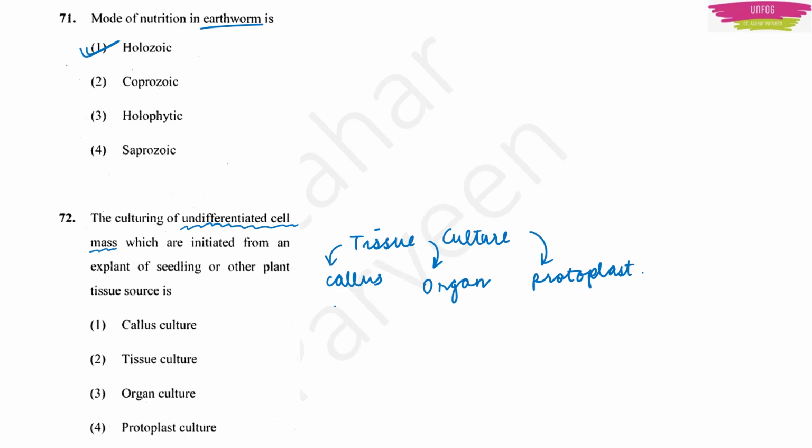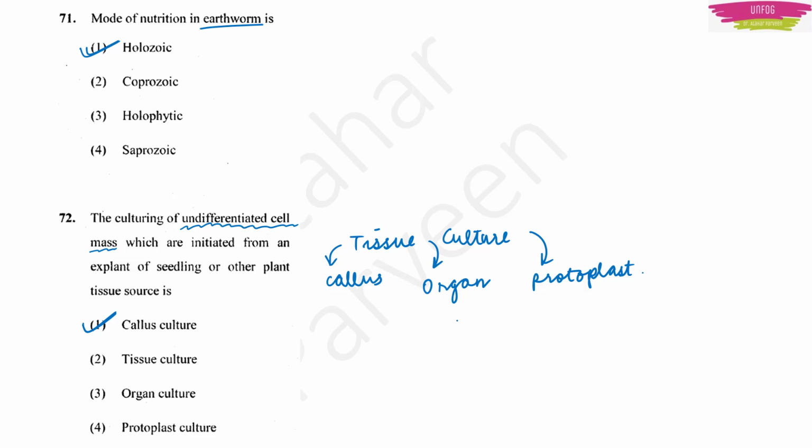So callus culture means the undifferentiated cell mass which is taken from the plant body and cultured. That is known as callus culture, and that is what is being asked in the question. So callus culture is our right answer. In organ culture, they take any part or organ of the plant and culture it outside, in in vitro conditions, in artificial conditions.